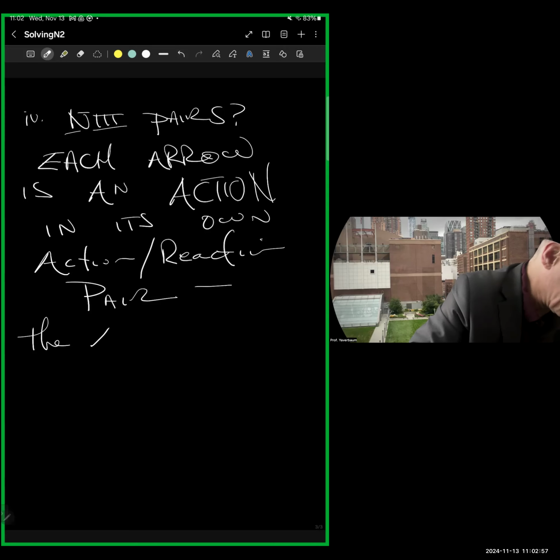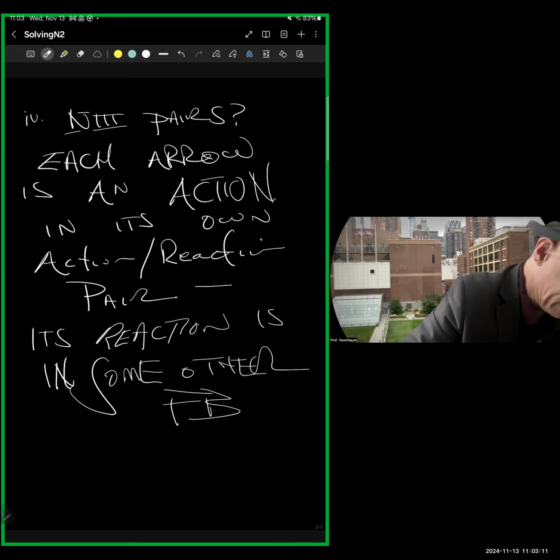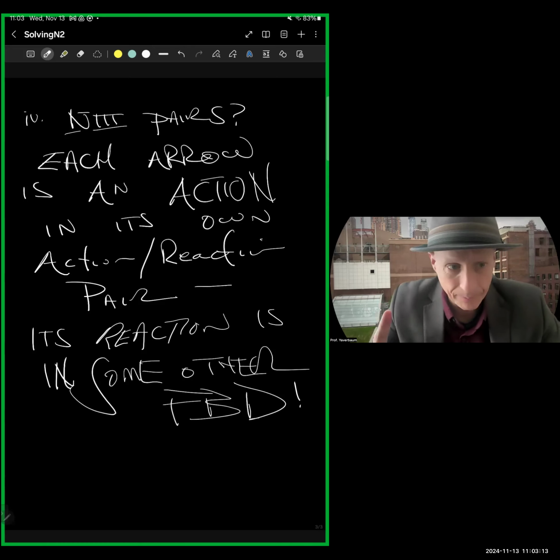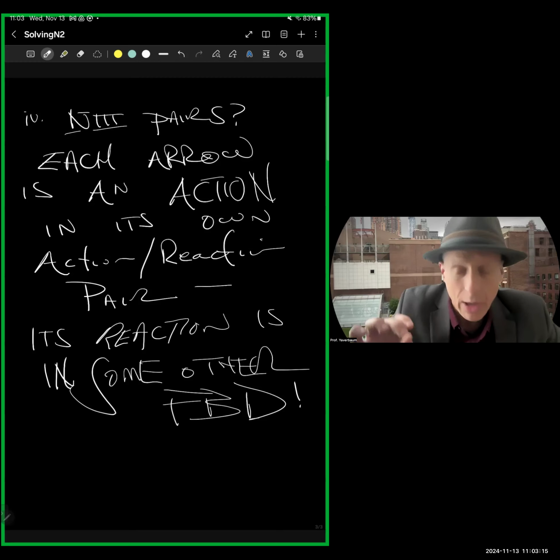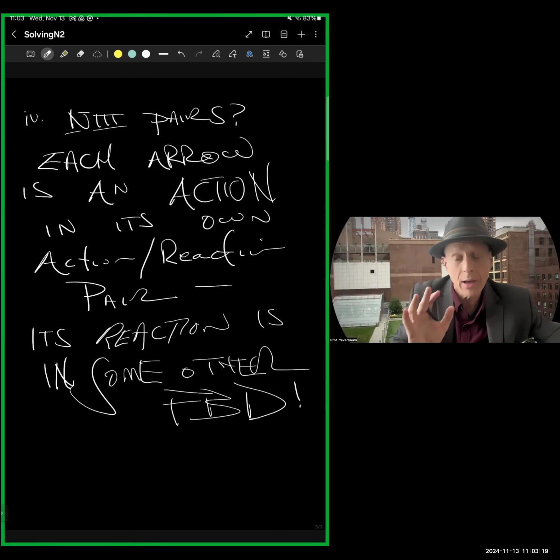The reaction, its reaction is in some other free body diagram. This is what I mean. So every arrow in a free body diagram is an action.